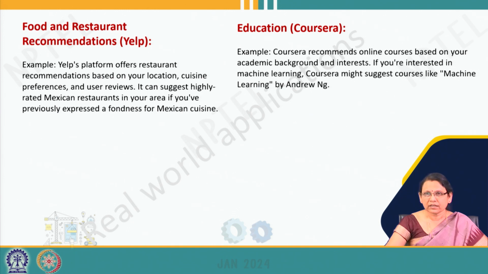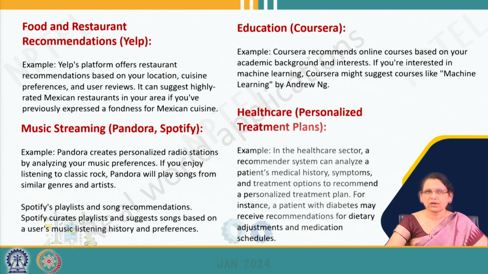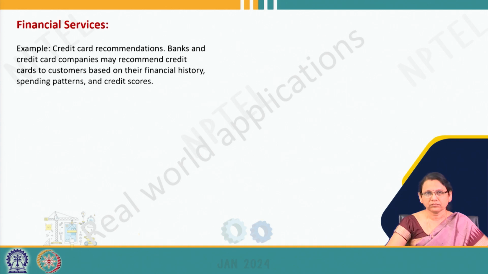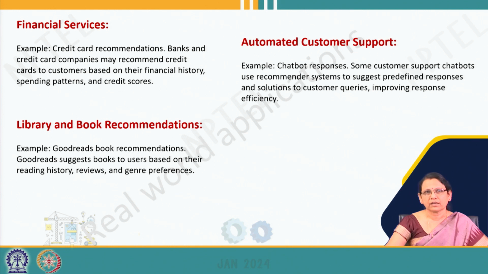Then come educational course recommendations. Music streaming platforms like Pandora and Spotify also provide recommendations looking at our choice of songs and the kind of rhythms we typically prefer. Beyond this, we are also going to look at recommender systems in the healthcare domain, financial services, automated customer support, and library and book recommender systems, typically in digital library websites, and many more.